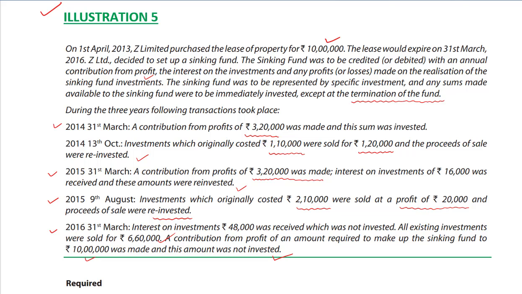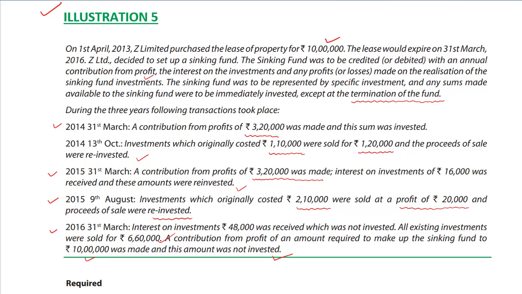On 31st March 2015, a contribution from profits of 3,20,000 was made, and interest on investment of 16,000 was received, and these amounts were reinvested. On 9th August 2015, investments which originally cost 2,10,000 were sold at a profit of 20,000, and proceeds of sale were reinvested. On 31st March 2016, interest on investments of 48,000 was received, which was not invested.